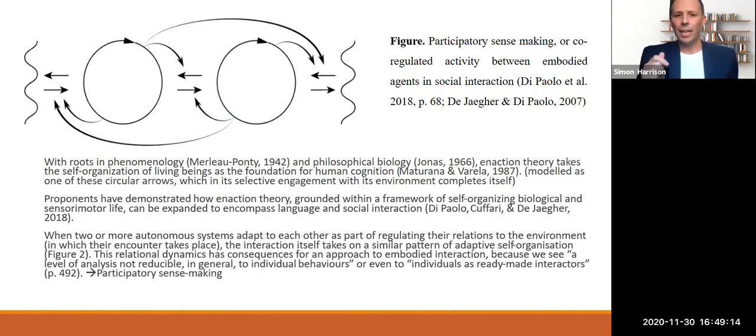And this relational dynamics has consequences for an approach to embodied interaction, because we see a level of analysis not reducible in general to individual behaviors, different branches of the interactional competence tree, or even to individuals as ready-made interactors.